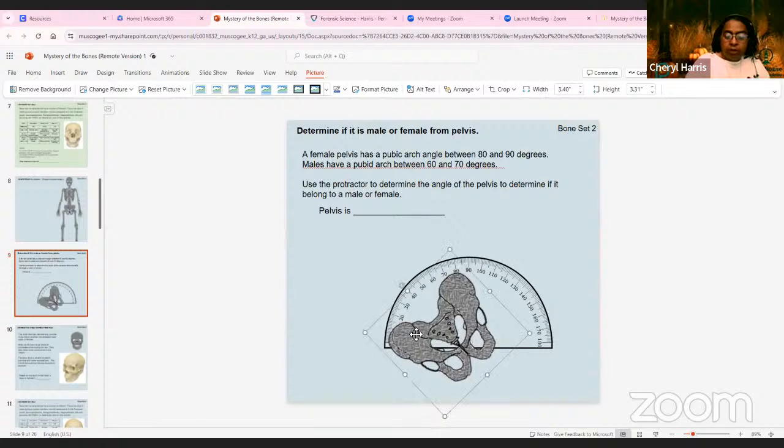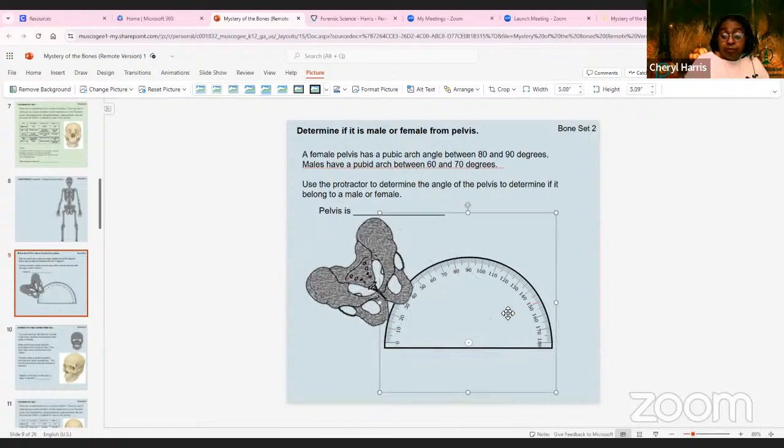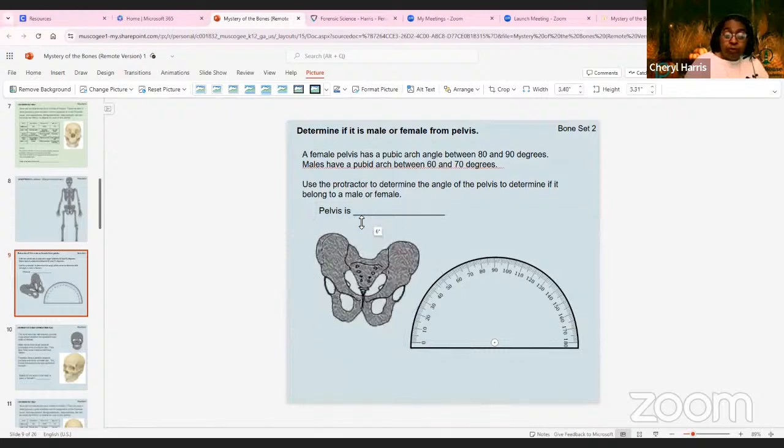And so this one is between 60 and 70. So I would say bone set 2 is between 60 and 70, and the bone set I was looking at before was 4. So this one we would say is male.